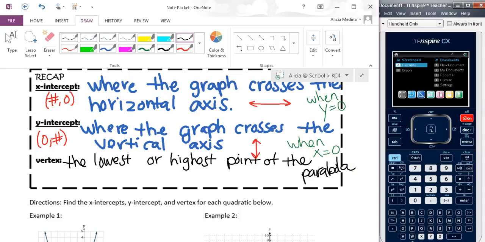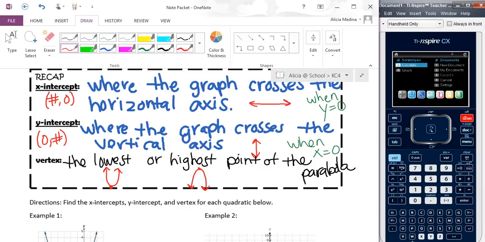Remember, when we are dealing with parabolas, the lowest point is the U opening upward, and that vertex is the lowest point. Our highest point is the U opening downward, and that vertex is wherever that highest point is.